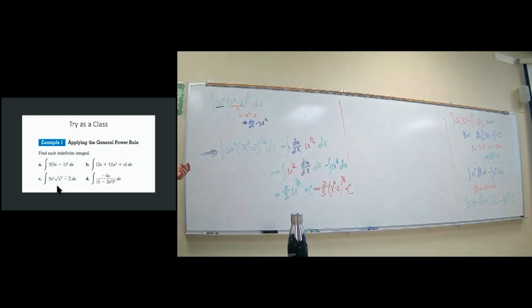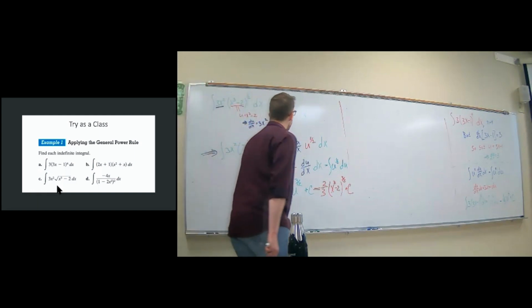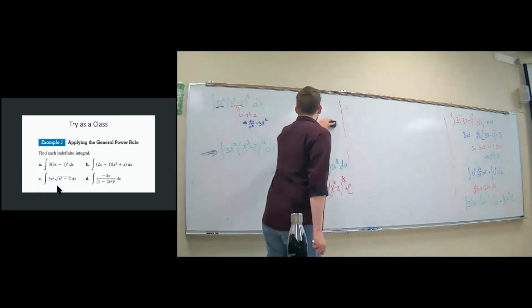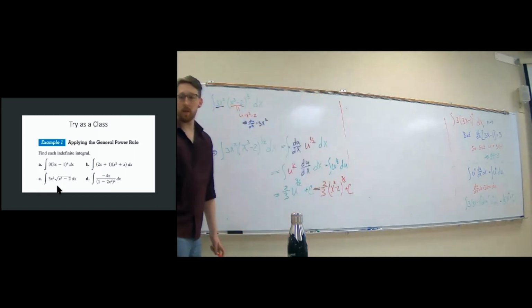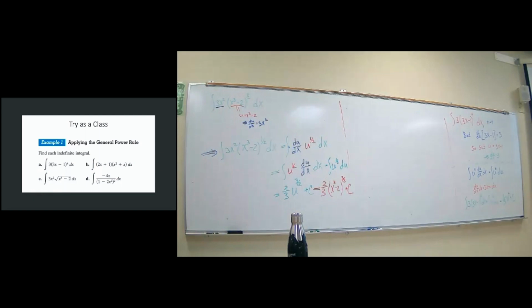So this is just chain rule in reverse. The same logic is going to apply here as what we used with the chain rule. And it all starts off by making a couple observations. In this particular case, we started off by making an observation that the interior of our radical, its derivative happens to sit outside the radical.